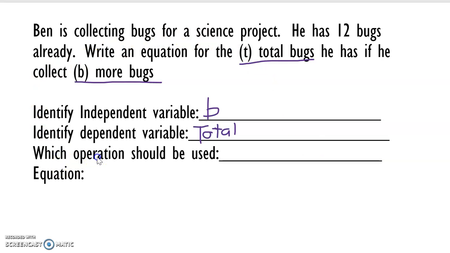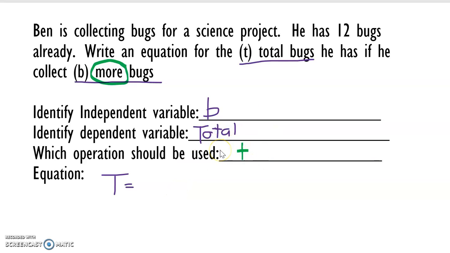When I'm identifying the operation, again, I want to try to find a keyword or break the problem down. In this one, my keyword is more, and more would mean adding. The equation, again, starts with my dependent, so T, the total number, by itself.